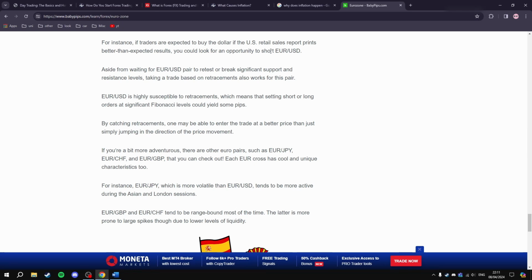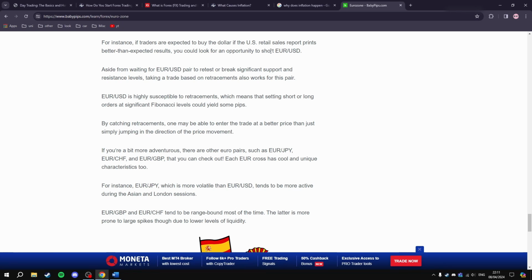Short Euro USD. Because if you sell at this price now, and you're hoping the USD is going to rise in value, USD is going to strengthen against the euro, so it's going to take less US dollars to buy 1 euro.